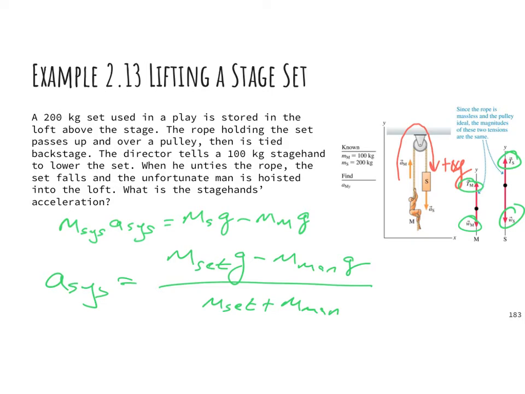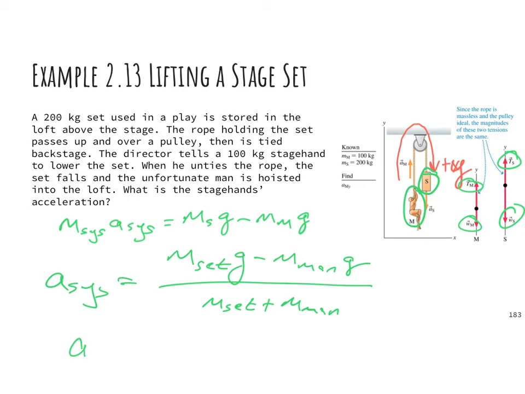And this kind of makes sense because the set is acting like a weight in free fall, but the man is acting like a counterweight. And the larger his mass, the less the acceleration. And it's not just about how close these masses are together, like a 2 kilogram and a 1 kilogram mass. It's about the total mass as well.